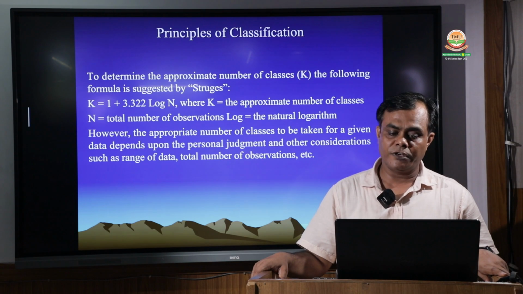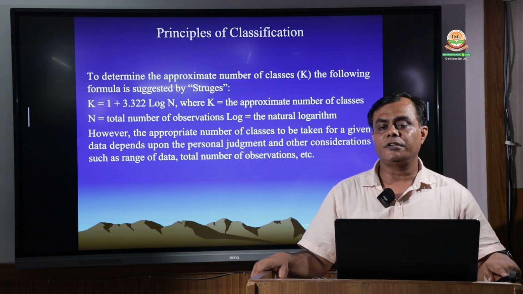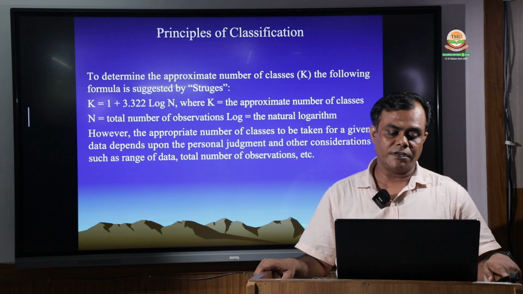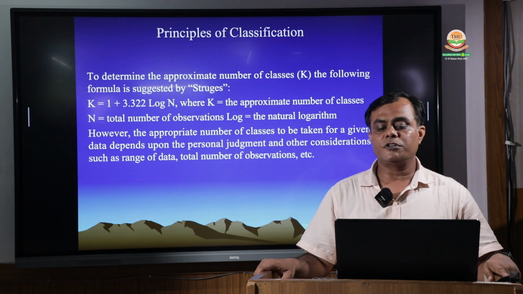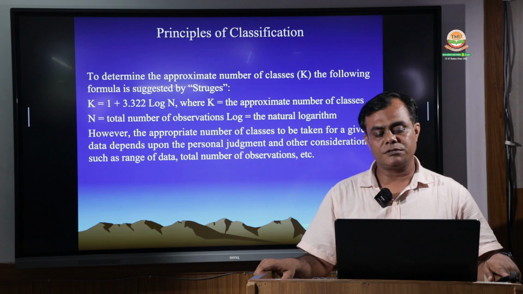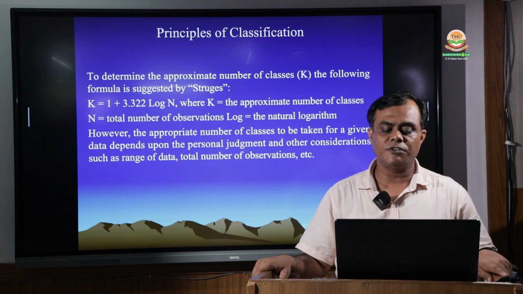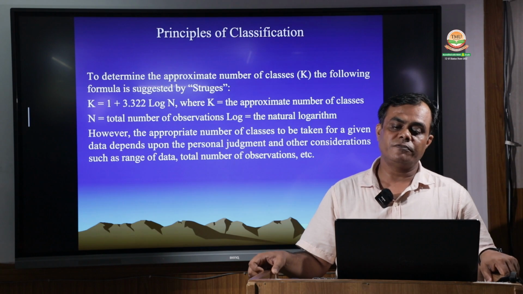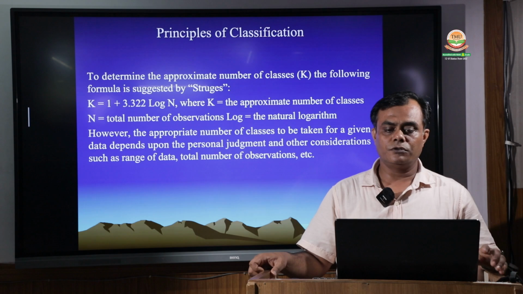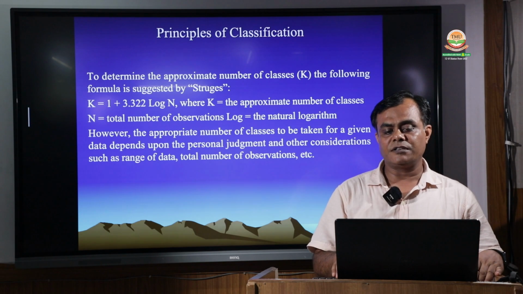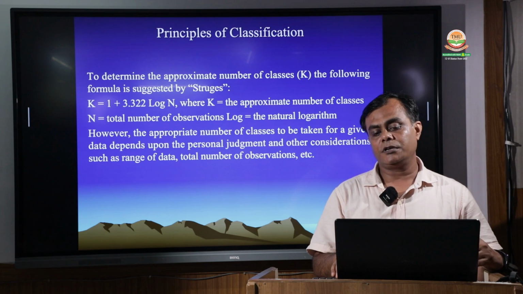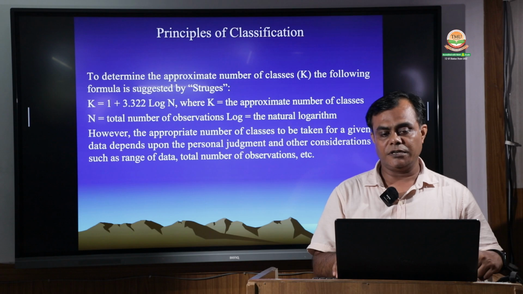However, the appropriate number of classes for given data depends upon personal judgment and other considerations such as the range of the data, total number of observations, etc. So by the principle of classification we can understand how we classify the data.